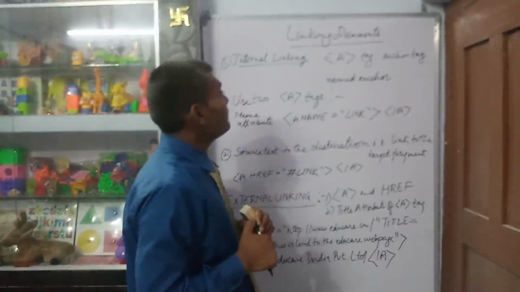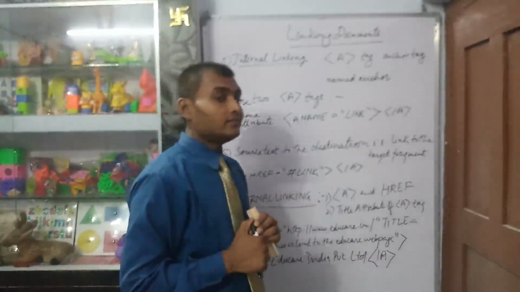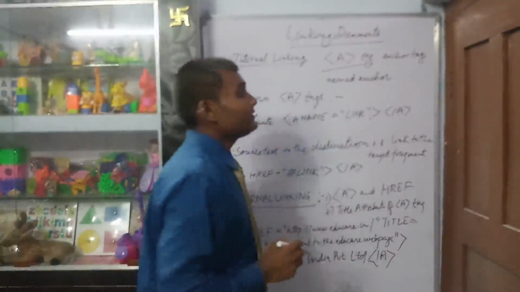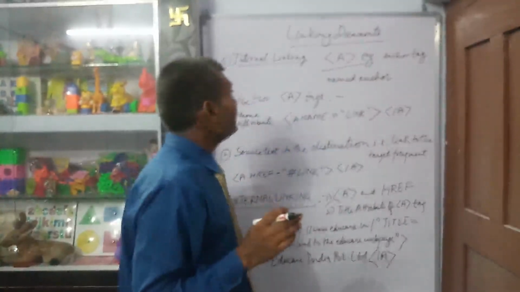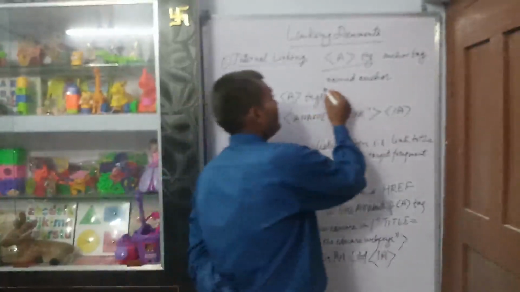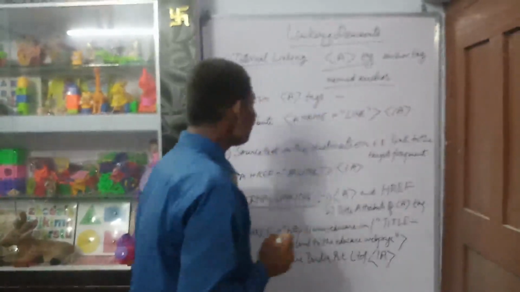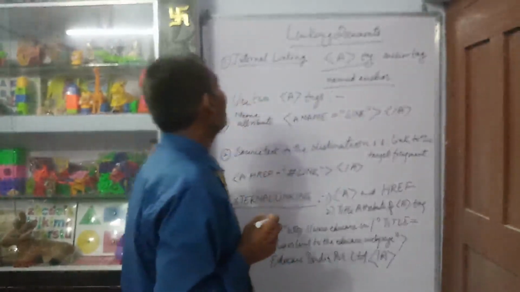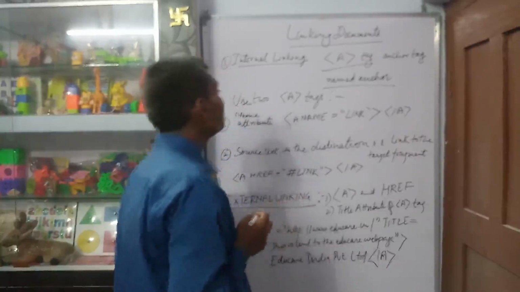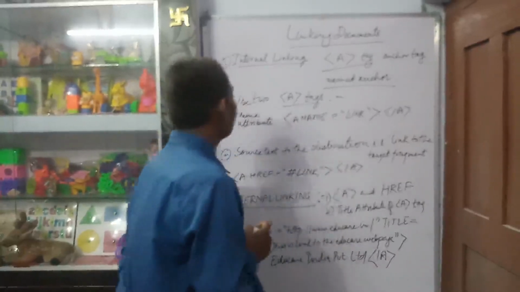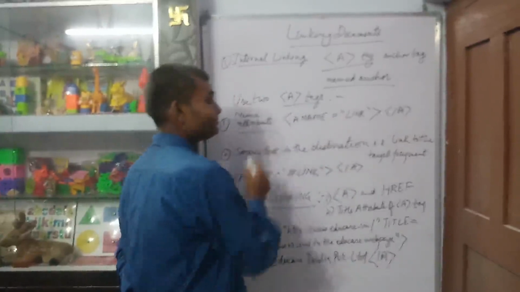In internal linking we use the anchor tag, that is the a tag, and when we use it in hyperlinking and internal linking, this a tag is called a named anchor. We have to use two types of attributes in the a tag. The first attribute is the name attribute.